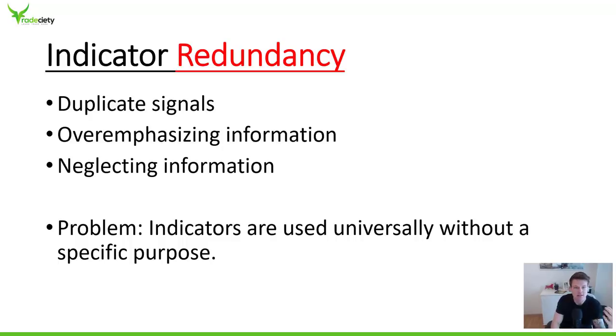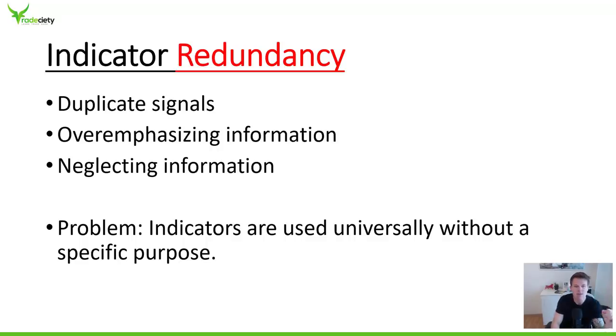That's the same thing that is applicable to indicators. Every indicator is built for a different purpose. So you need to know exactly when to use the indicator and how to use it, and how to use the best indicators together. When you're not doing this, then the problem is indicator redundancy. You're going to have indicators that show you the same signals, you oversize certain types of information, you neglect other types of information because you don't have an indicator that covers all the bases.